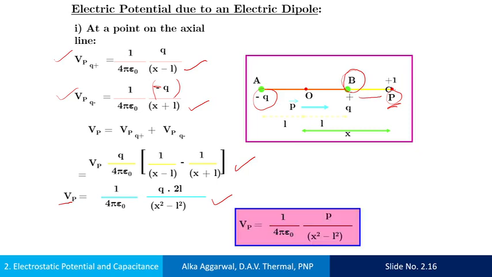As you know, the product of the charge into the distance between them is represented as the dipole moment. So the final expression is equal to 1 upon 4 pi epsilon naught times p upon x square minus L square. Here we are considering only the magnitude of the dipole moment, as potential is a scalar quantity.